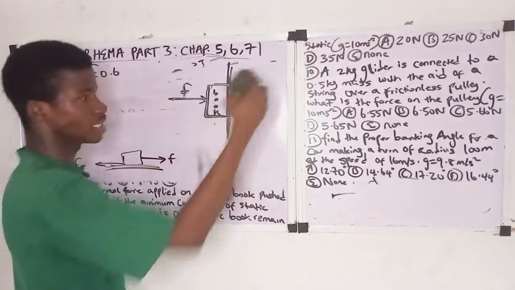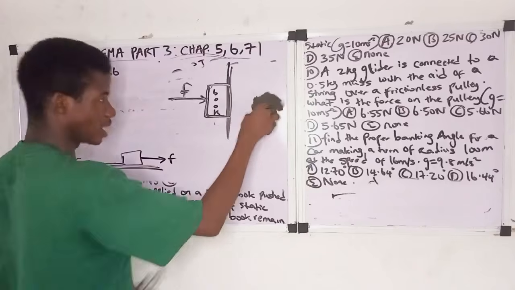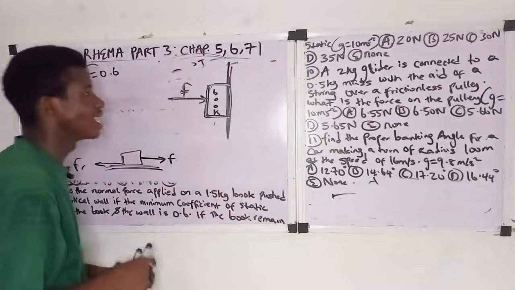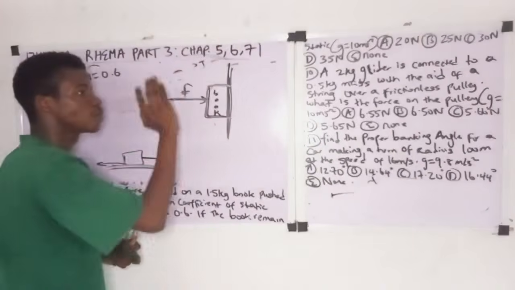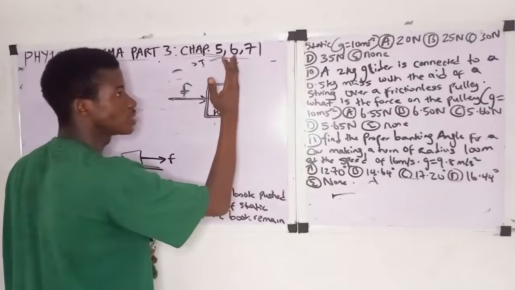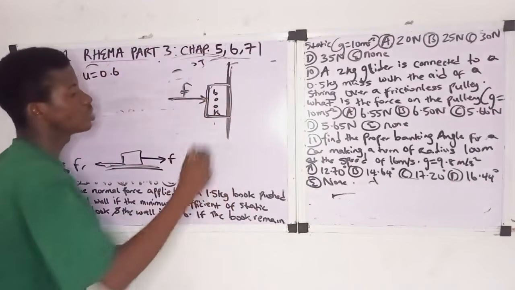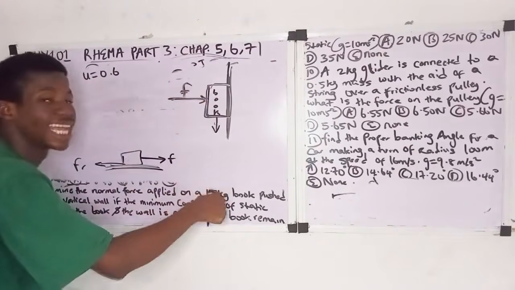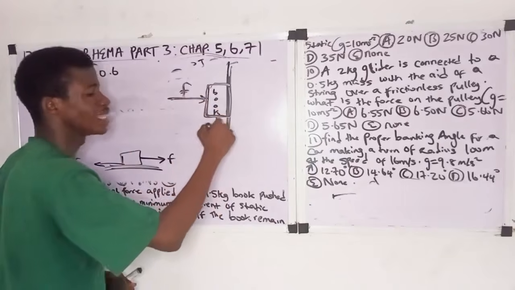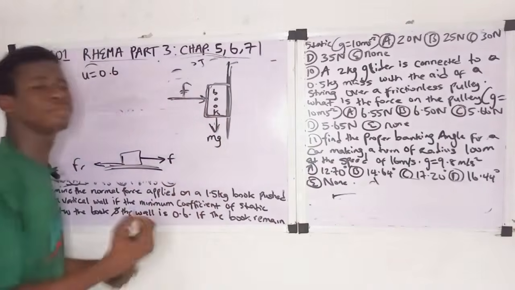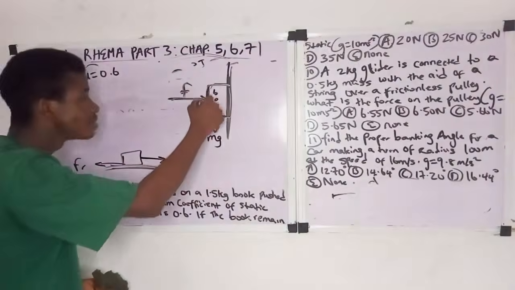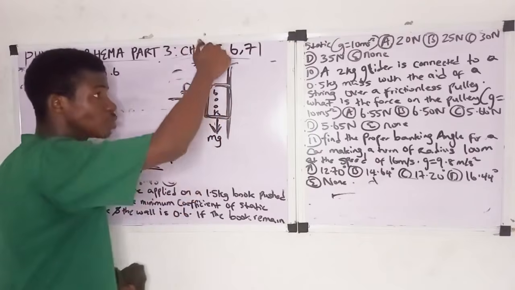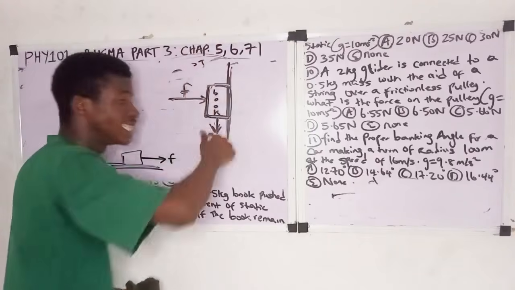So it has a tendency of moving downward. So this book is pushed by a force against this wall, and the direction it will definitely move is downward. Remember, the weight also acts downwards, so the weight of this book also enables the book to move in this downward direction.